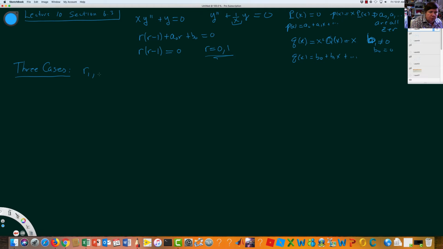So we're going to have 2 roots, R1 and R2, and just for ease, we're going to let R1 be the larger root, unless they're equal. One of the cases is that R1 equals R2, but that's not the case for the first 2 cases, where we let R1 be the bigger one.